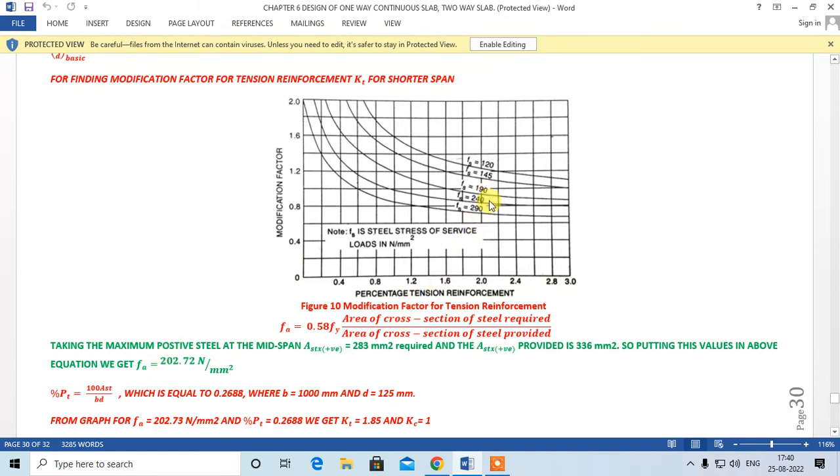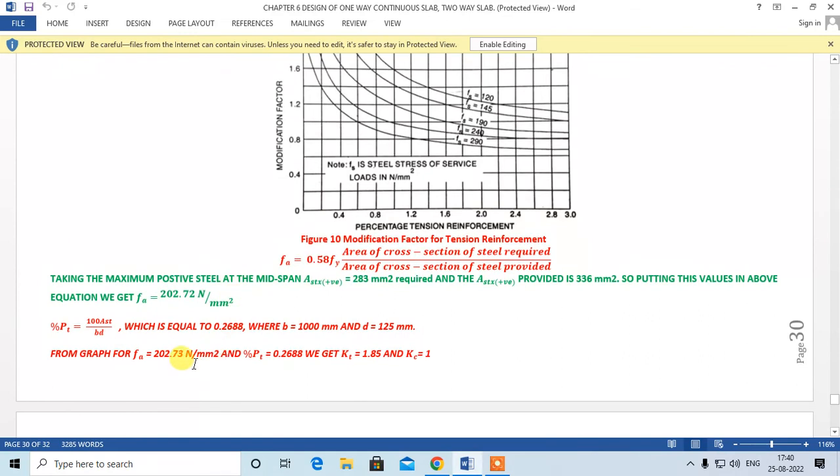So this will fall between these two graphs. For the percentage of steel, Ast x provided is 336 mm square. So our percentage of steel is equal to 0.2688. For that, you get the corresponding KT from the graph as 1.85, and Kc is equal to 1 because there is no compression steel.